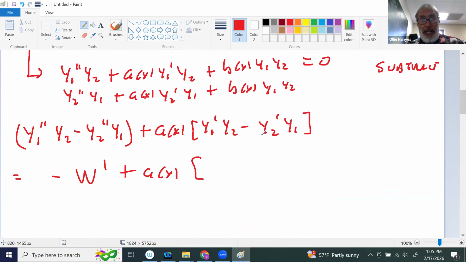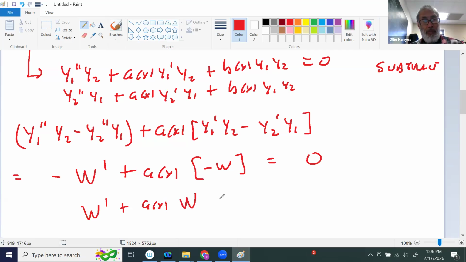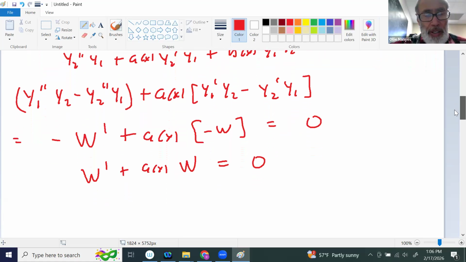So this right here is minus W. And we have a 0 here. Okay? So multiplying by -1, we have W prime plus a of x W equals 0.